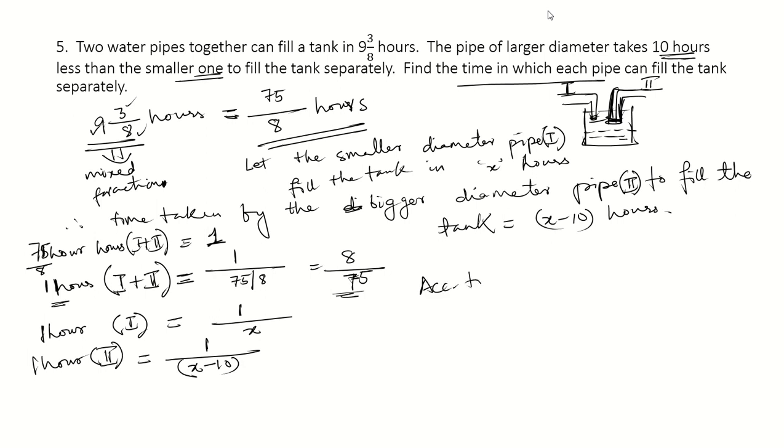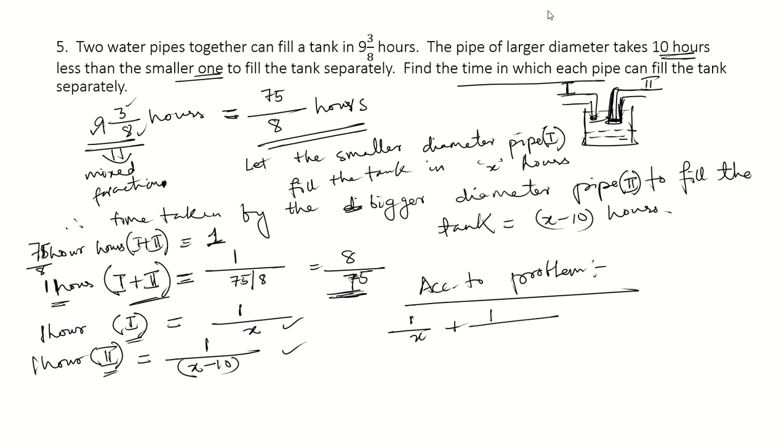Now according to the problem, in 1 hour 1 plus 2 can fill 8 over 75, and individually 1 fills 1 over x and 2 fills 1 over x minus 10. So 1 over x plus 1 over x minus 10 equals 8 by 75.